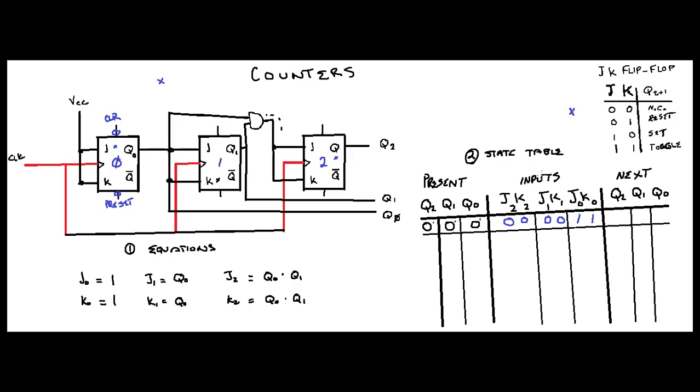Now, the next step, clock it. So if you clock it, Q0 is a 0, right? I'm looking right here. That's going to change and it's going to become a 1. Now, if you notice, we were just in a toggle state there. I don't want to go by that too fast, because as you have right here, J and K are both 1s, Q0 is 0, so if you toggle it, it's going to toggle to a 1, right?